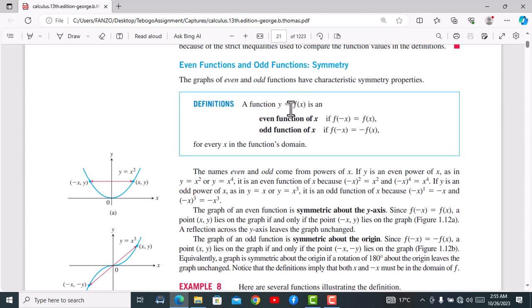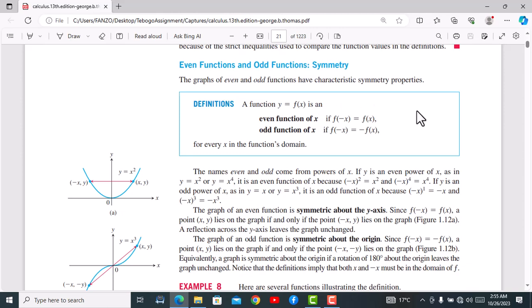So to find y, you plug x into a function or a machine and it will tell you what the value of y is. This function is an even function of x if you substitute a negative value in your machine and you get a positive value. Therefore, that function is even.